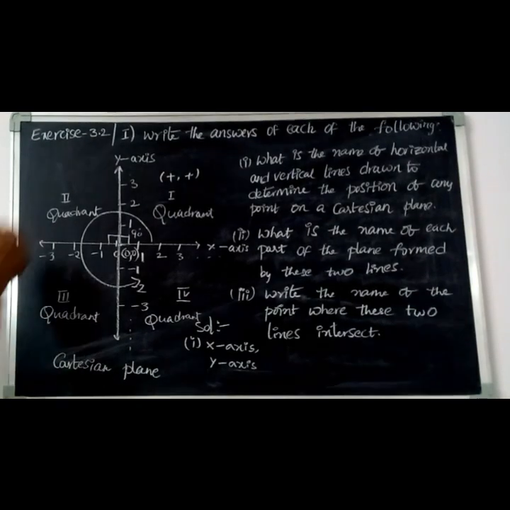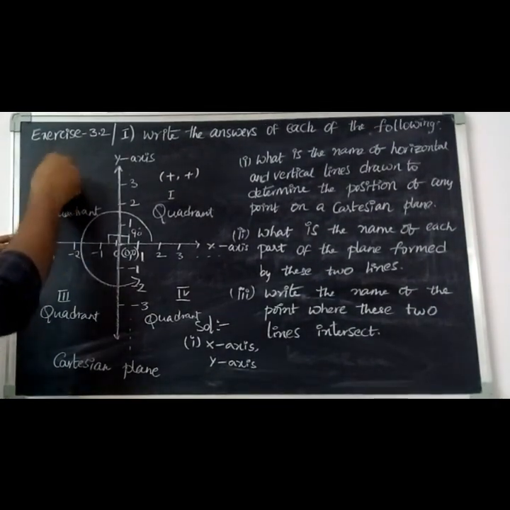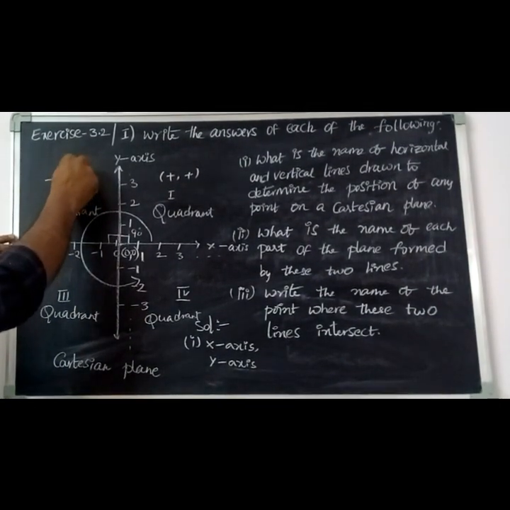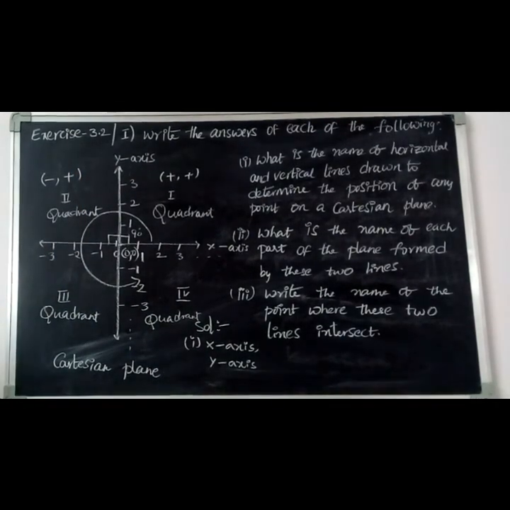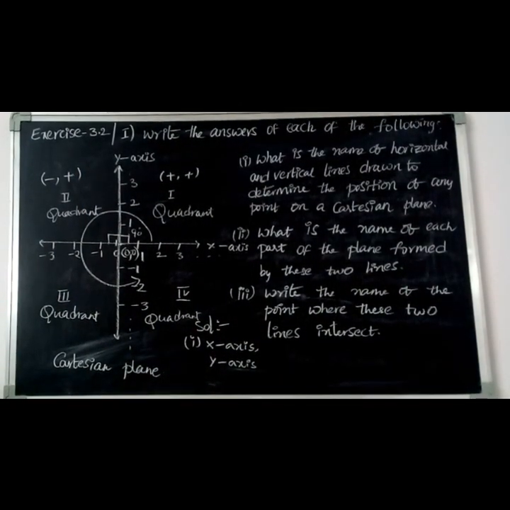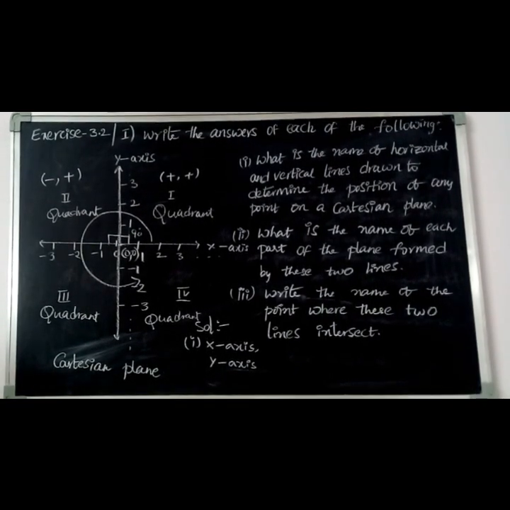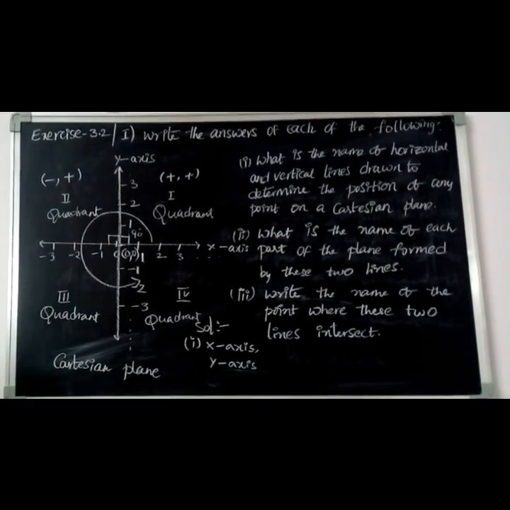Here one is negative and one is positive: the x coordinate will be negative and the y coordinate will be positive. So when a point like minus 2 comma 3 is given, minus 2 is the number on the x axis, and plus 3 lies on the y axis. This point exactly lies in quadrant 2.